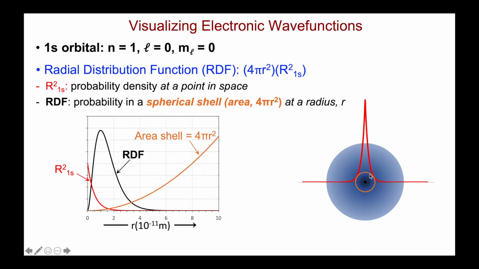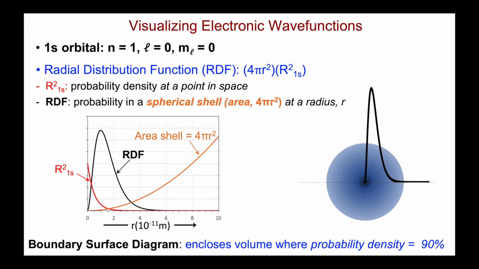In other words, it's not just the probability of finding the electron here at this point. It sums the probabilities in that spherical shell and gives the resultant RDF shown in black. So the RDF doesn't actually maximize at the point where psi squared is a maximum, but at a slightly different distance.